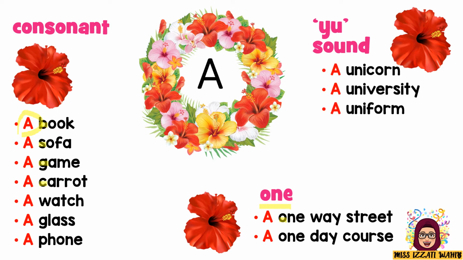A unicorn, a university, a uniform. Although we also have the vowel U here, we still use a because the sound is U, Y-U. So we don't say an unicorn, we say a unicorn. Remember, we are focusing on the sound, not the spelling.